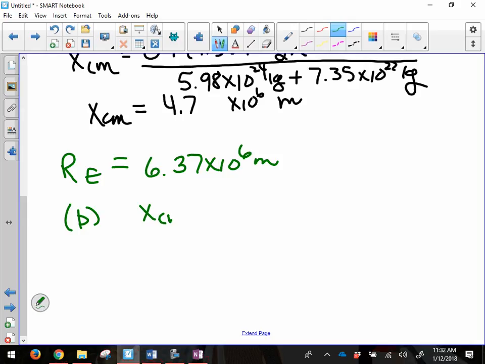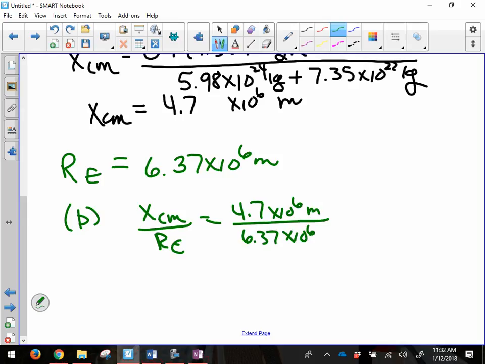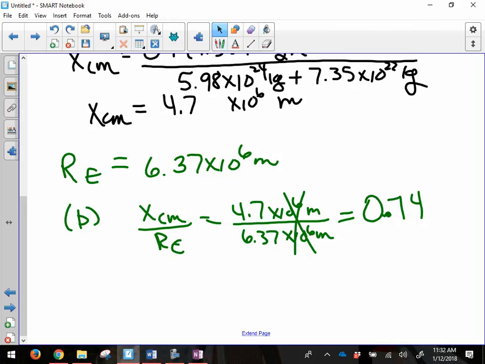So I'm going to take x center of mass divided by the radius of the Earth. So that's going to be 4.7 times 10 to the 6th meters divided by 6.37 times 10 to the 6th meters. And of course, you don't even have to use the 10 to the 6th meters. And what do we get? We'll call it 0.74.